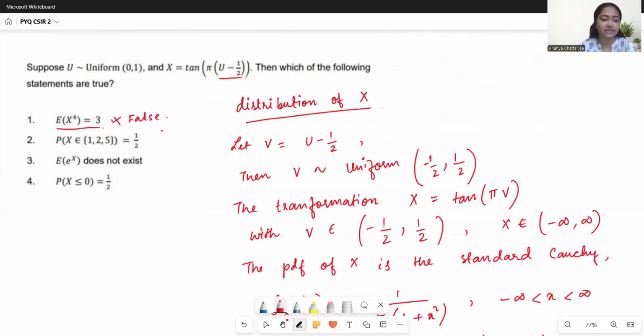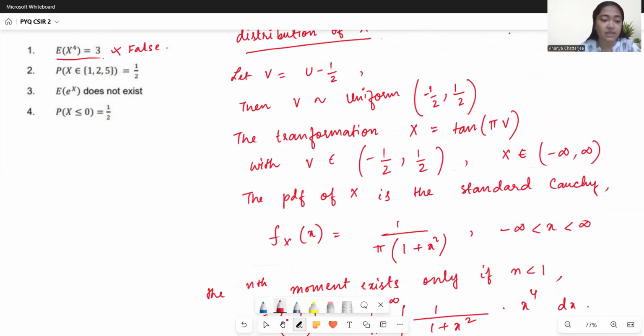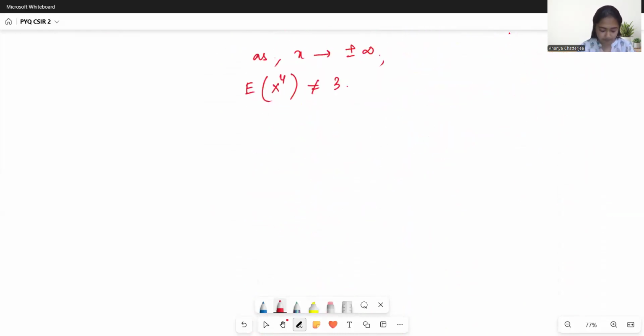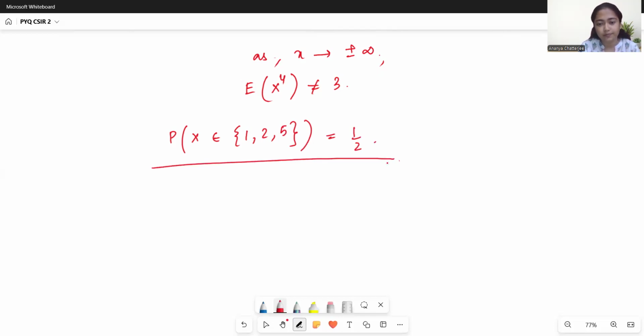Now moving to the next statement, that is given probability x belongs to 1, 2, 5 is equal to half. Then evaluating statement 2, that is given probability x belongs to 1, 2, 5 is equal to half.